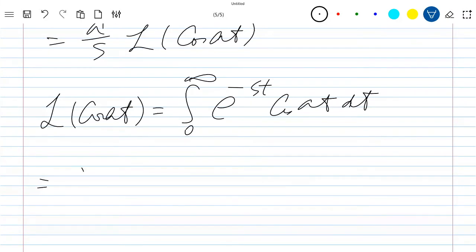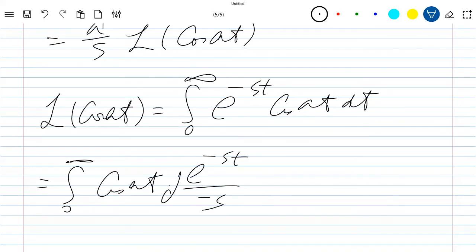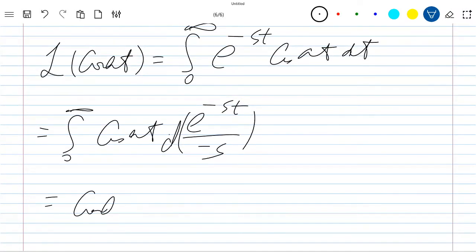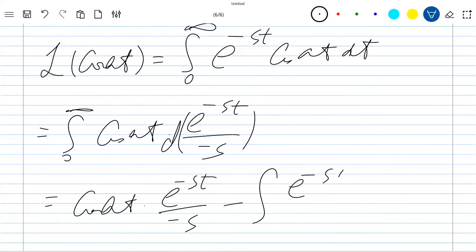So you will have cosine at e to the negative st over negative s, right? And then you have cosine at e to the negative st over negative s minus, switch them. D of cosine at is negative a sine at dt.